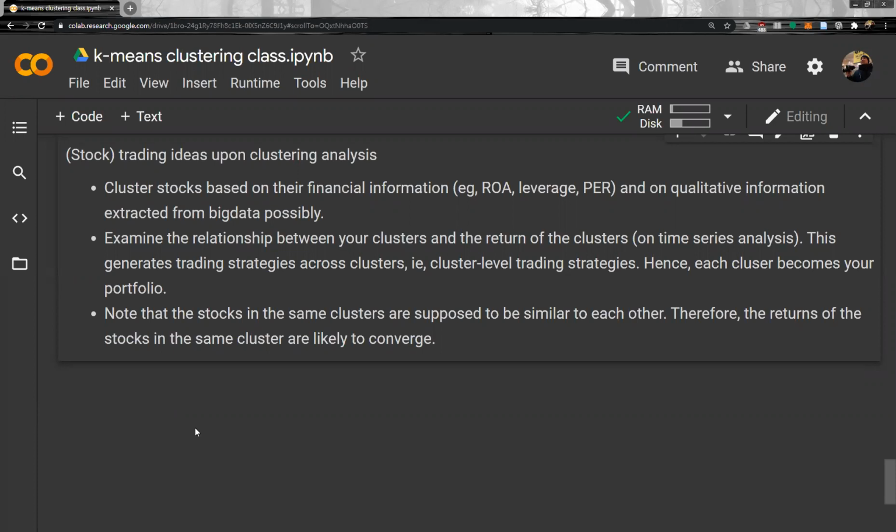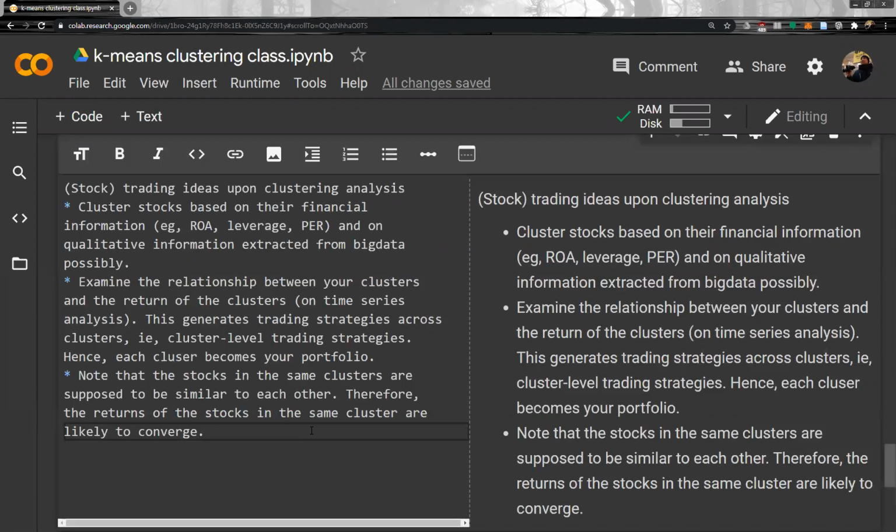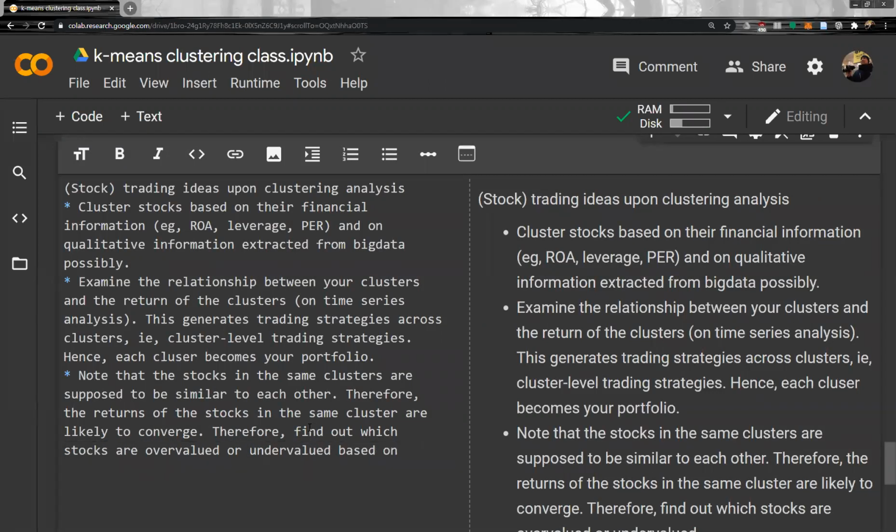Okay. So what we can do is find out which stocks are overvalued or undervalued by looking at their recent stock return performance, recent stock market performance, or financial ratios, right?